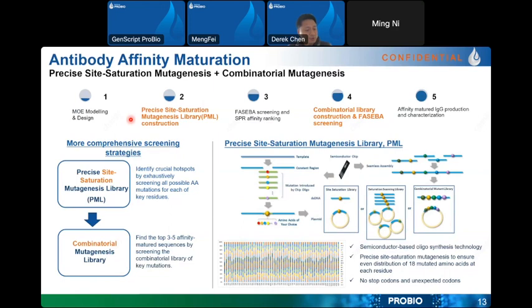If the lead antibody is not optimal in terms of affinity, in vitro antibody maturation by random mutation within the CDR regions is a common strategy to improve the affinities.